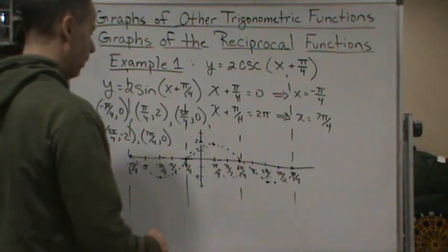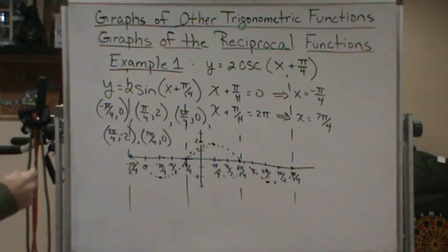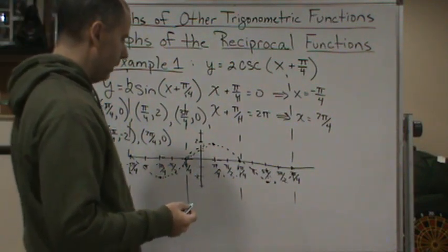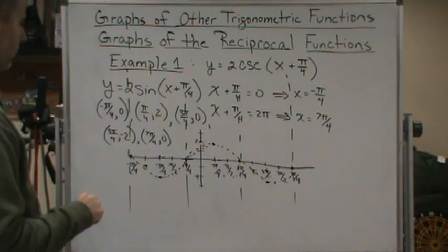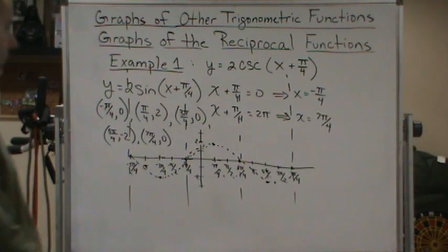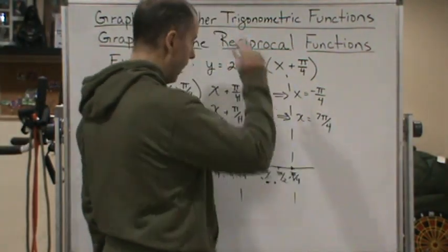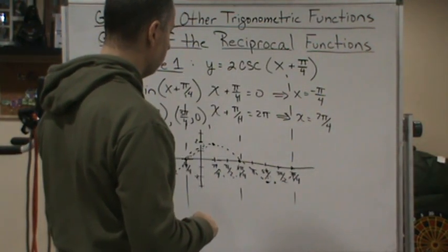So now we know where our vertical asymptotes are, but we also know where the graph of the cosecant function equals the graph of the sine function, and that's where sine is equal to 1.